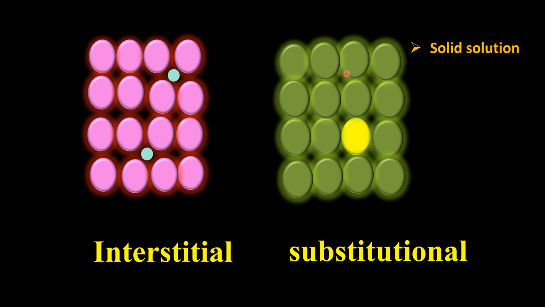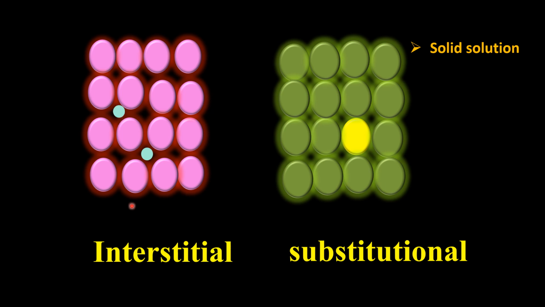So the impurity atoms form two types of defects when they go into the host material. These are interstitial defects and substitutional defects. First we discuss interstitial defects.